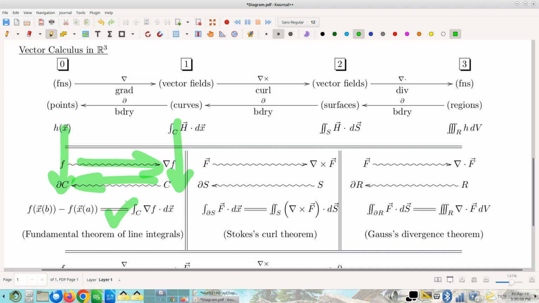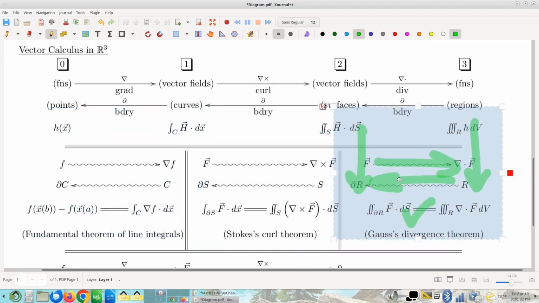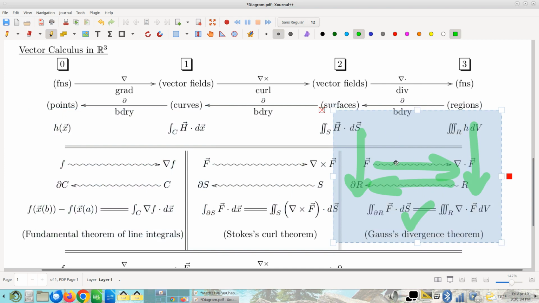And I've shown you how this pattern holds with Green's theorem, but we haven't really talked about this again since we finished up talking about the three-dimensional stuff. So for the record, this pattern that works for the fundamental theorem of line integrals in 2 dimensions and in 3 dimensions, and that works for Green's theorem, is also a perfect representation of what happens with Gauss's divergence theorem, for example.